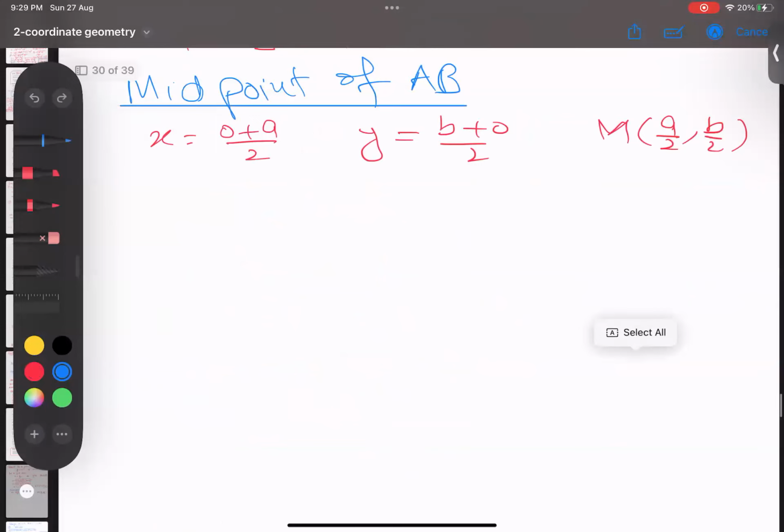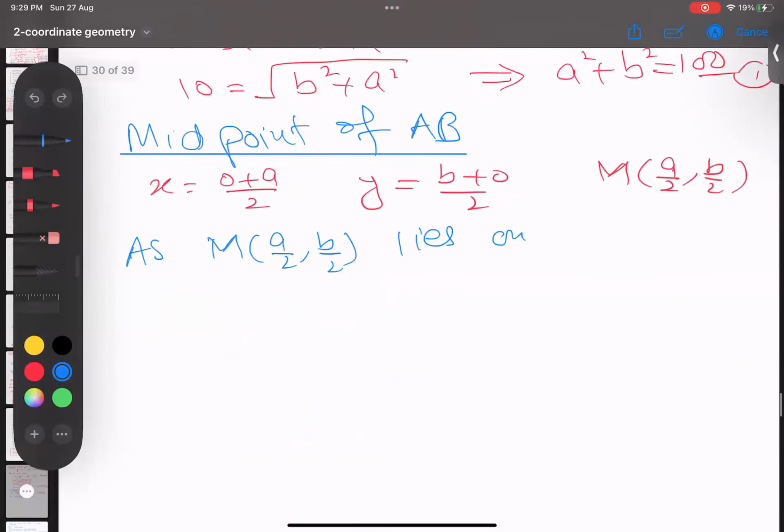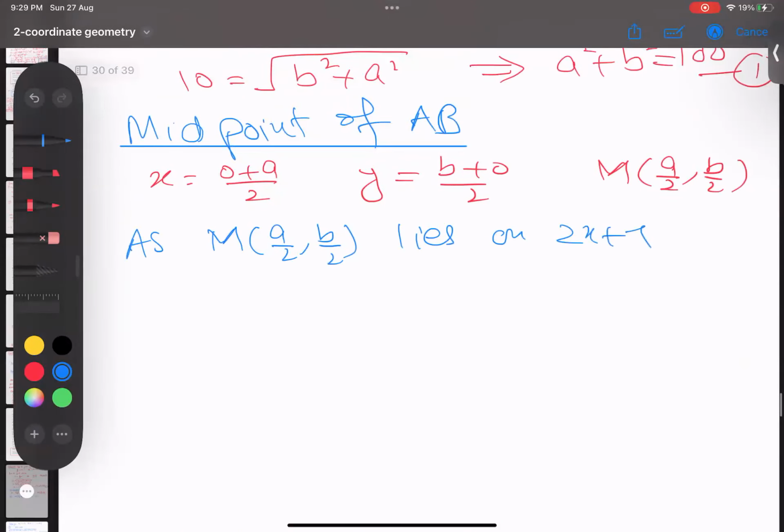So (a by 2, b by 2) lies on the line. Which line? This line: 2x plus y equals 10. You know, students, whenever any point lies on a line, you can replace the variables. This will go in the place of x, this will go in the place of y.